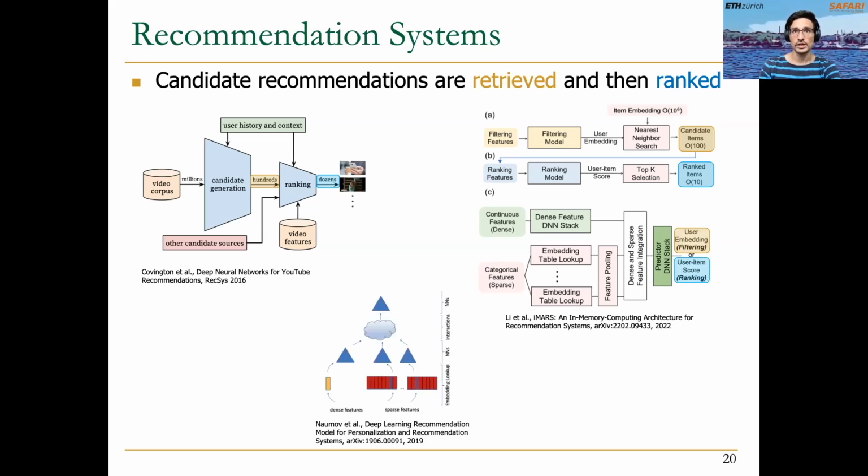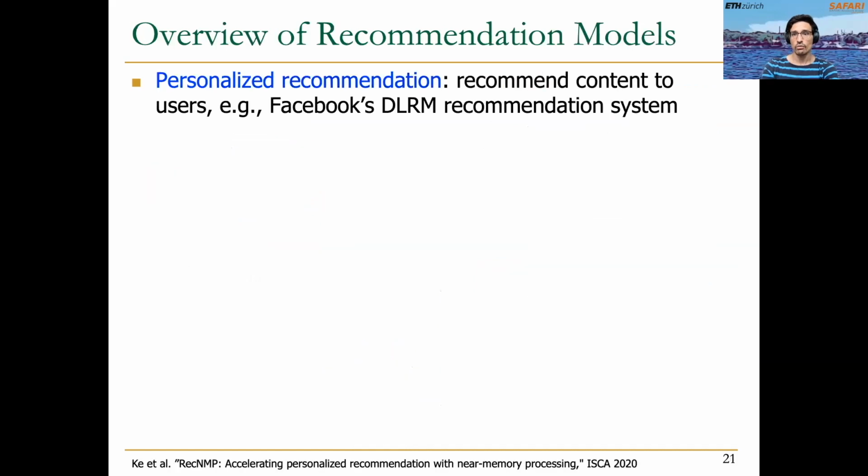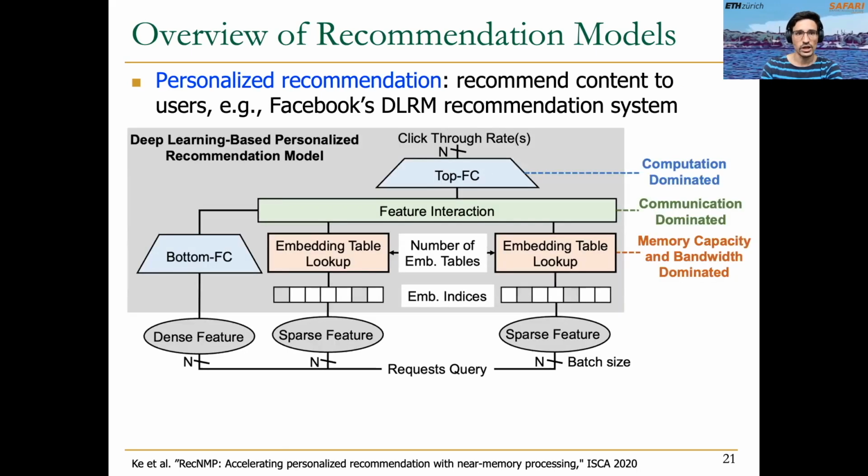This model is based on the deep learning recommendation model proposed by Facebook in 2019. And you may remember this slide as well, where we talk a little bit more about the DLRM recommendation system from Facebook.